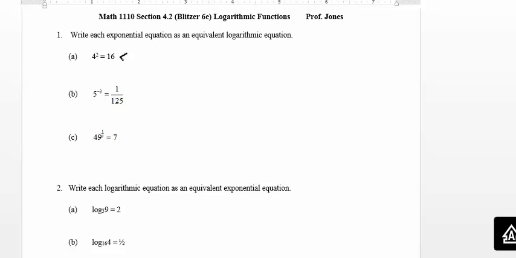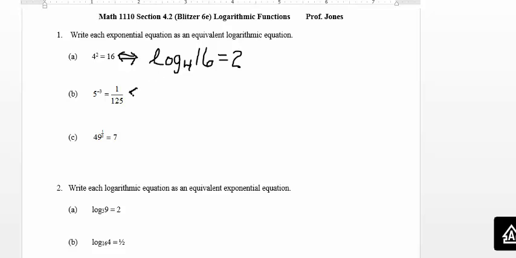So if 4 squared is 16, then it will also be true that the base 4 log of 16 equals 2. The important thing to note is that a logarithm is an exponent. So the base 4 log of 16 is the exponent that you apply to 4 to get 16. So notice the exponent is the logarithm.